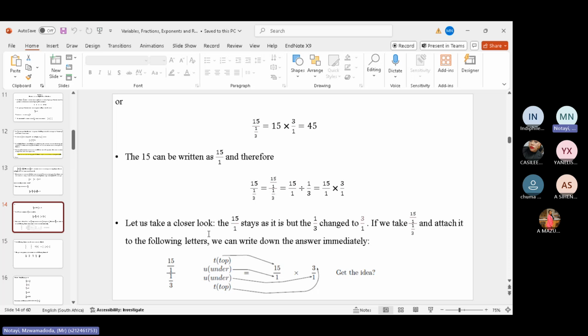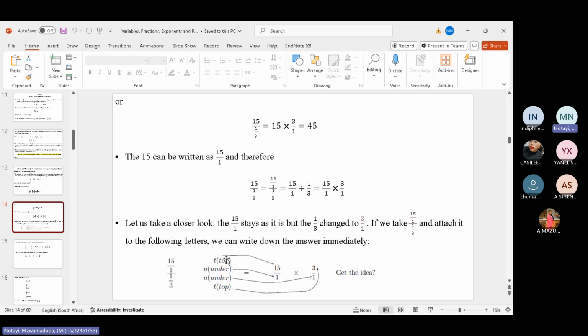Okay, so let us take a closer look. The 15 divided by 1 stays as it is, but the 1 over 3 changes to 3 over 1. So if we take 15 over 1 divided by 1 over 3 and attach it to the following letters, we can write down the answer immediately. So let's take that expression, 15 divided by 1 divided by 1 over 3.